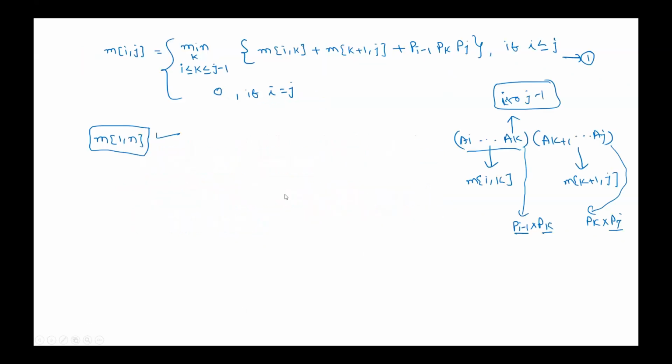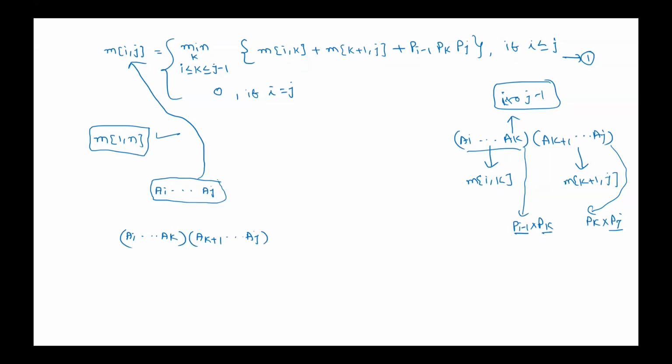Now, if we consider matrices Ai to Aj, and the number of scalar multiplications required to multiply them optimally is m of i,j, then Ai to Aj can be written as Ai to Ak times A(k+1) to Aj.